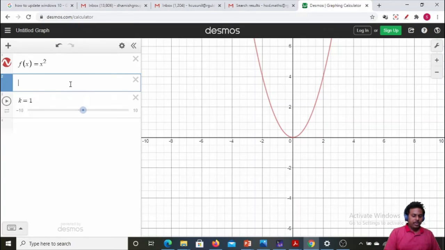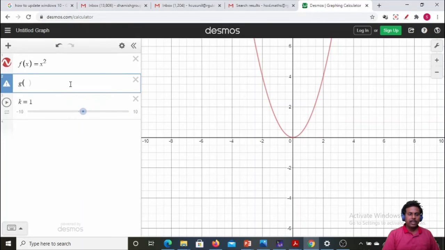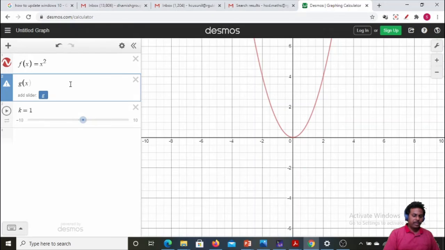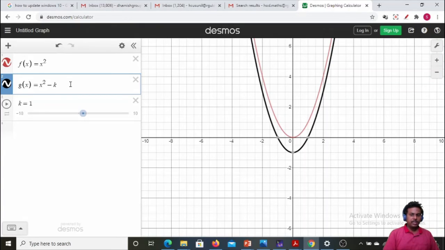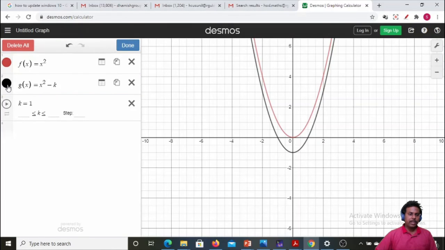Okay, now let us try to understand the graphical transformation y plus k is equal to x square. So what I am doing is g of x is equal to x square minus k. It is nothing but y plus k is equal to x square. Now let me change the color of the graph.